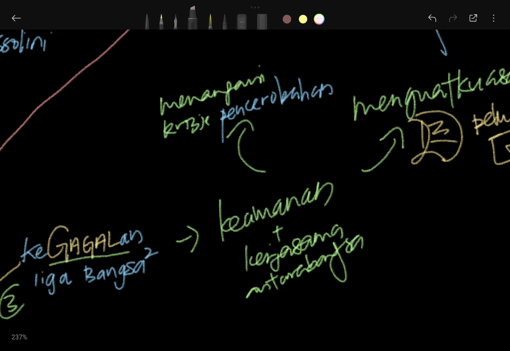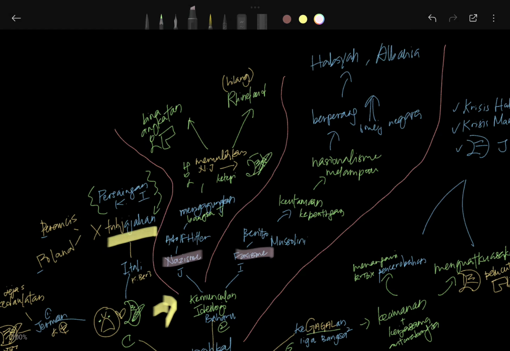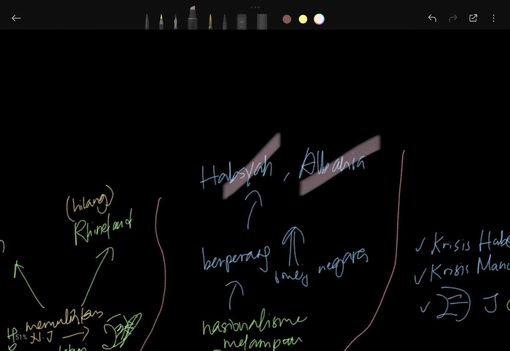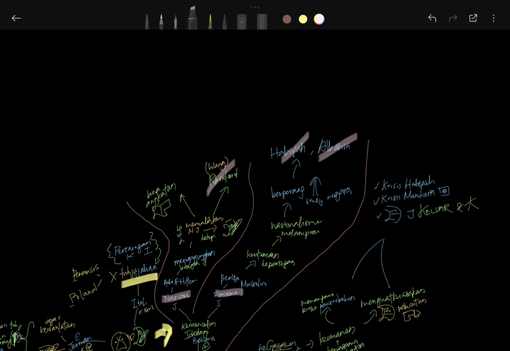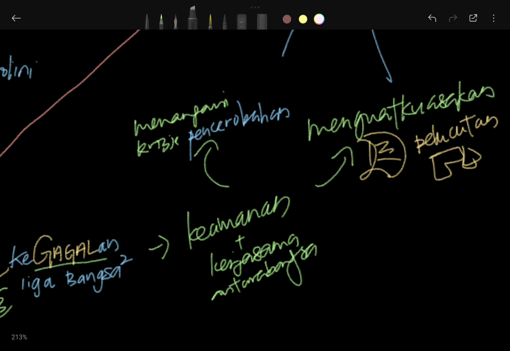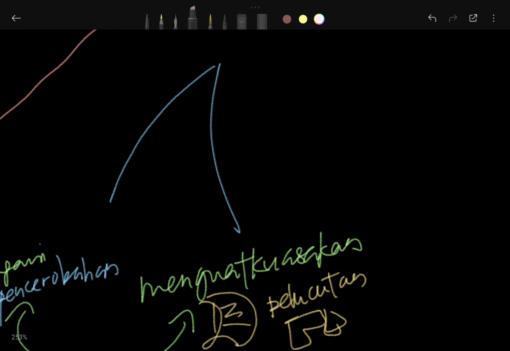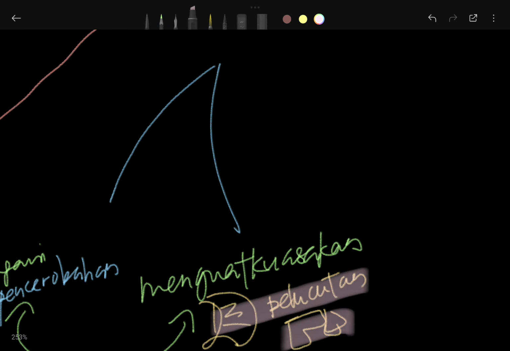Okay. Then we go to the kegagalan Liga Bangsa-Bangsa. With these two parties just going on and attacking other people, you know, going to Habsha, Albania, going to Rhineland, it's very evident that there is no more world peace. Keamanan dan kerjasama antarabangsa gone. And their efforts to menguatkuasakan perjanjian pelucutan senjata failed.